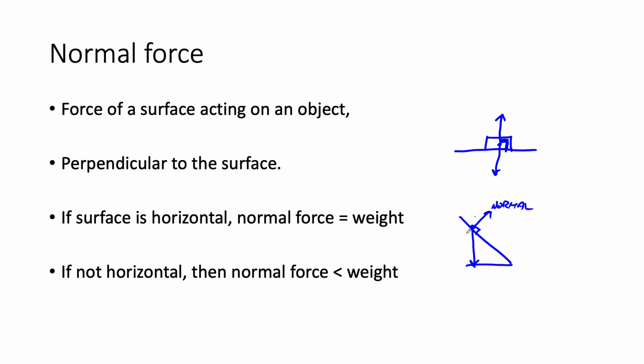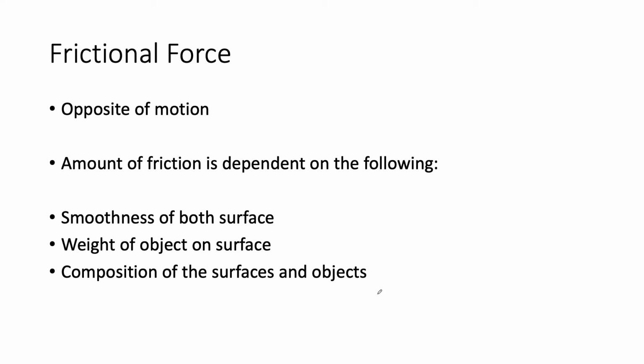Because the force that is perpendicular to the surface is not the weight of the object. It's a part of that. So the normal force is actually less than the weight because the surface is not horizontal. This is important because this is going to dictate how things move up and down on a plane or on a ramp.